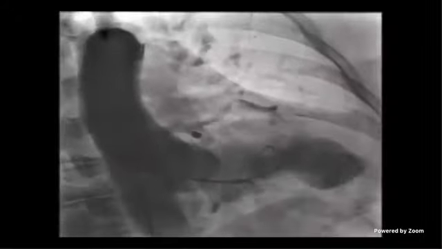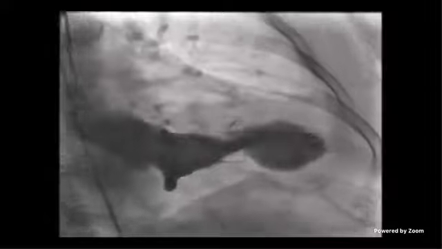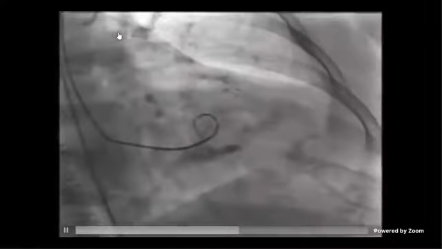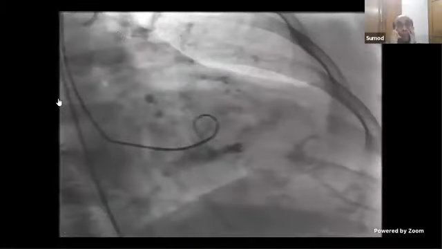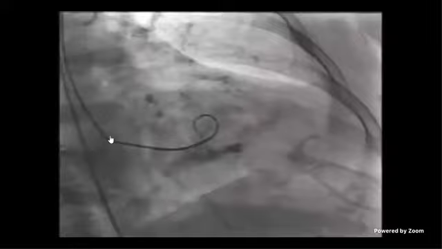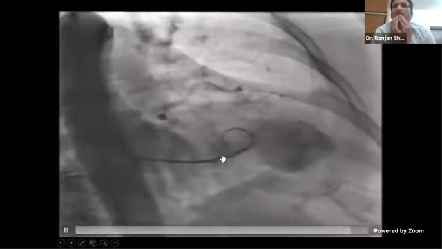There is apical ballooning of the left ventricle. Tell the diagnosis. Takotsubo cardiomyopathy type.